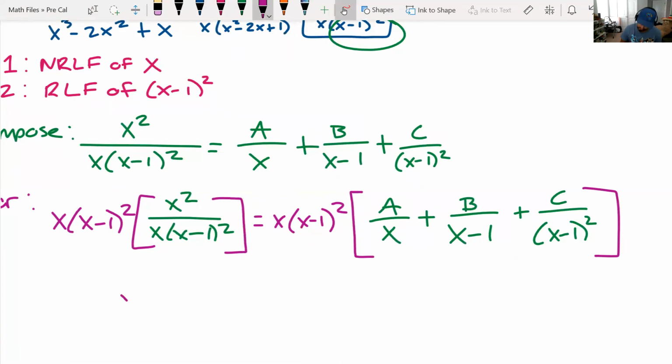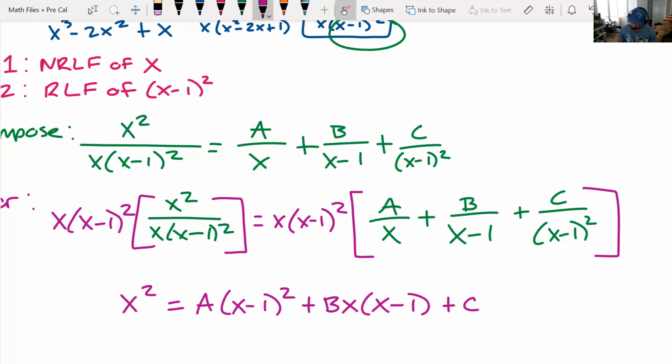I'll be left with x squared on the left. On the right side, I'll have, there it is. So D is done, and now I'm gonna play X Games.